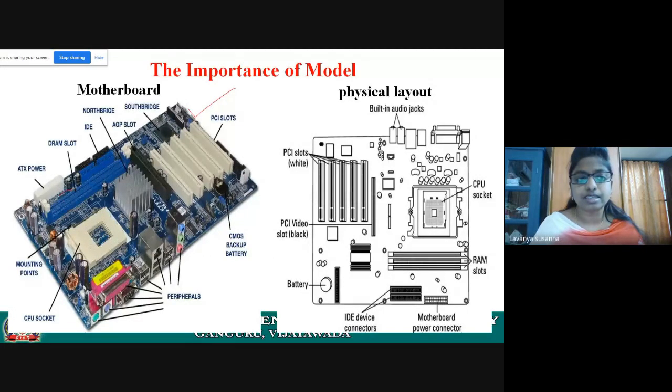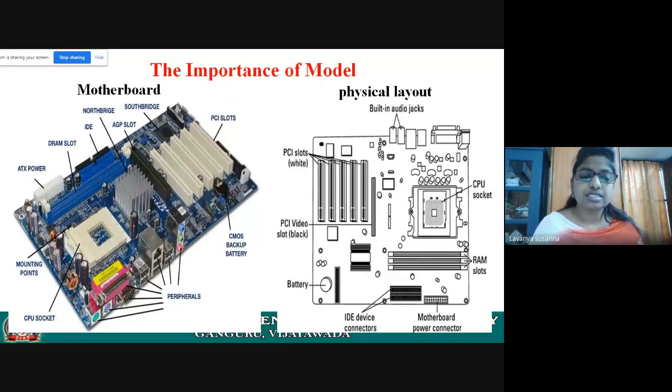This is the CPU socket, where the processor is inserted, and here it will contain a fan. This is the north bridge, which is responsible for communication between the memory and the processor.